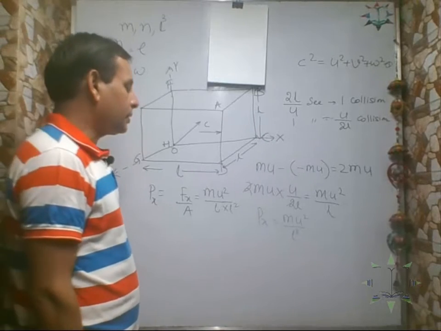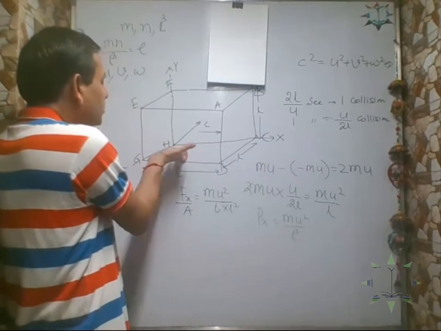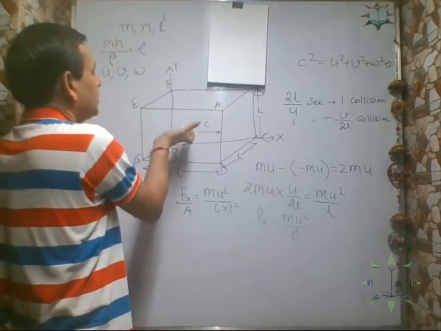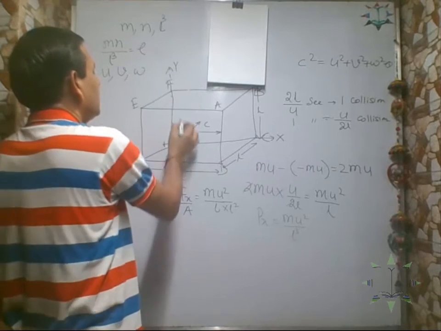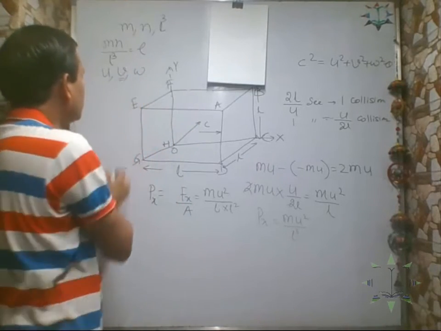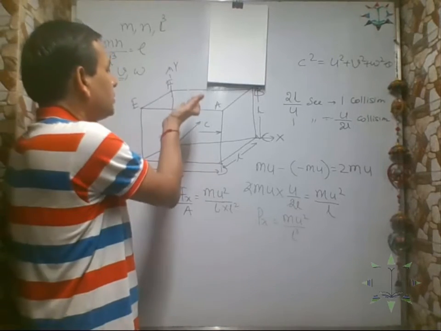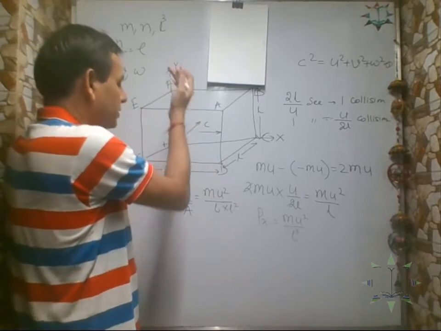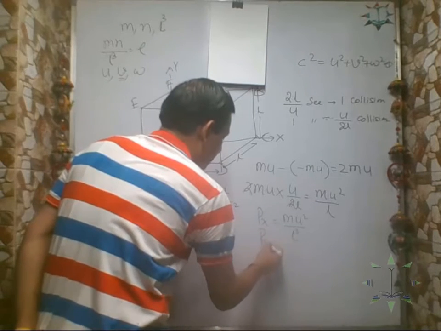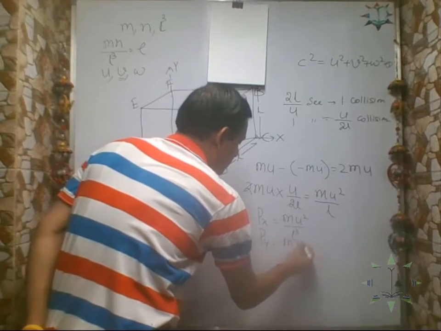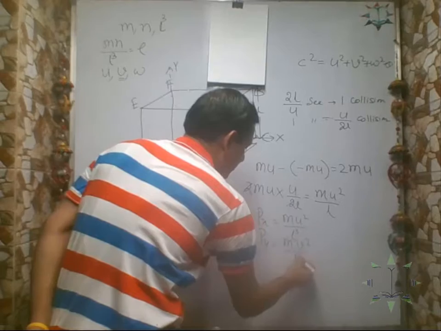Correct? Similarly, if we consider the motion of the molecule along the y-axis, suppose the molecule is moving along the y-axis with velocity v. If I take the velocity along the y-axis, then Py will be m into v square by L cube. Correct?